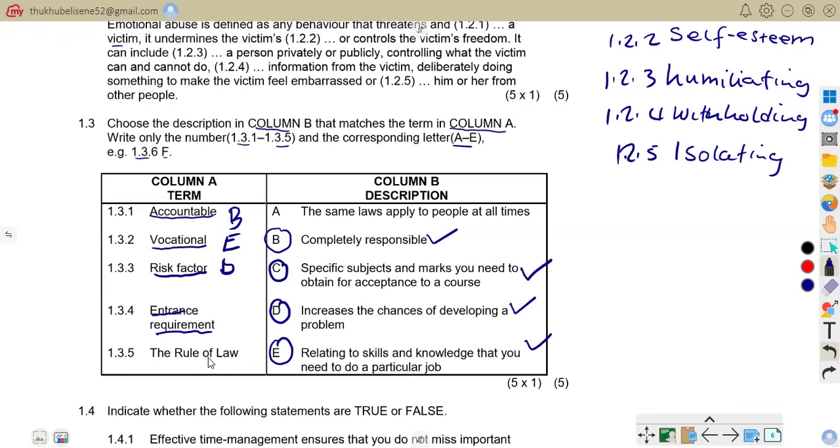Now we come to the rule of law. When you talk of rule of law, you're talking about the principle that everyone, including leaders, must obey and be treated equally under the law. And you can see now the correct answer is A. The same laws apply to people at all times. So these are the answers for 1.3 matching questions.